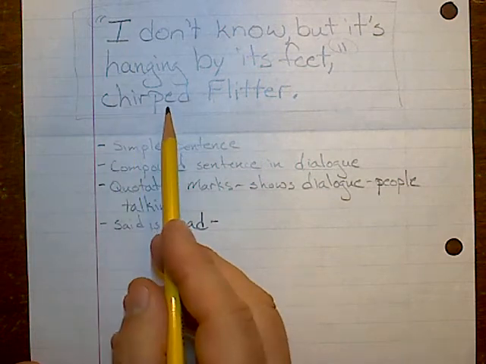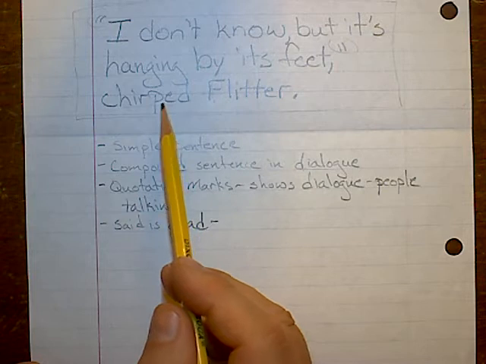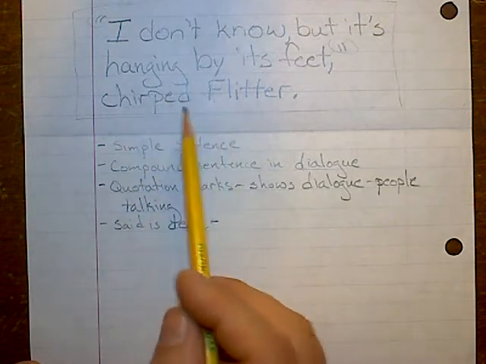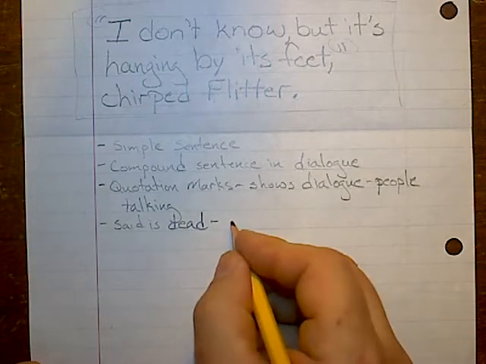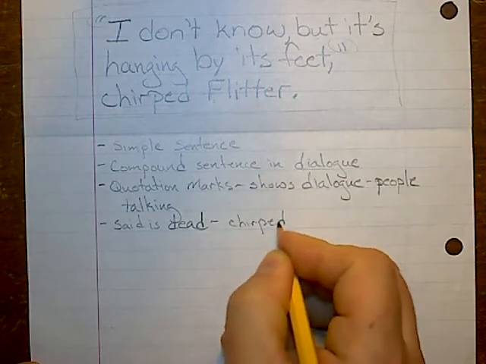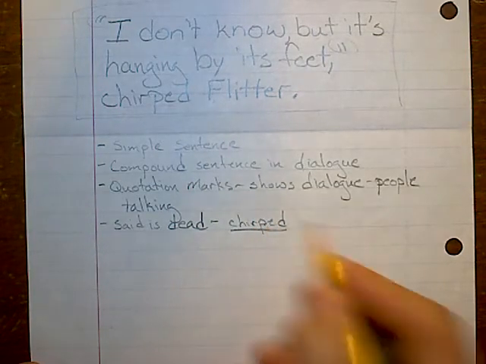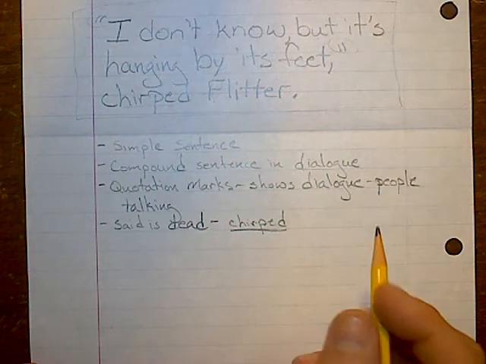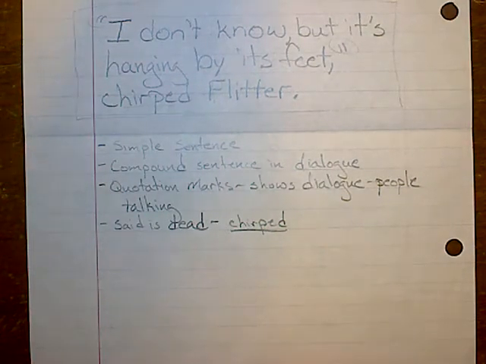Chirped Flitter is better because Flitter is a bird and birds chirp. So it kind of makes it just a little bit nicer way to say that. It sounds more interesting. Okay, so let's put down chirped as the thing that's going to remind us that said is dead. Chirped. All right. Let's keep going.